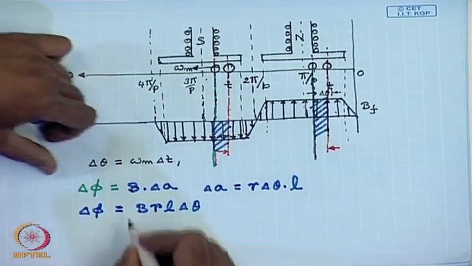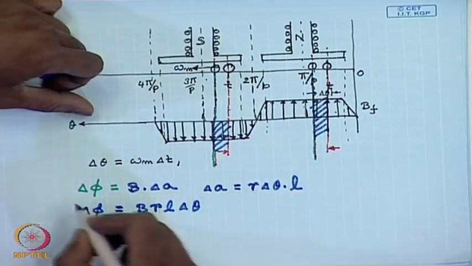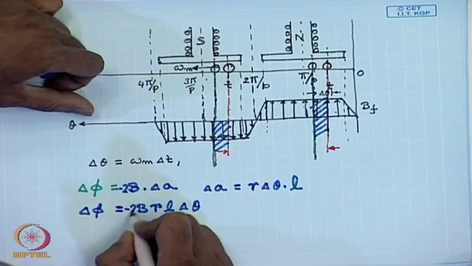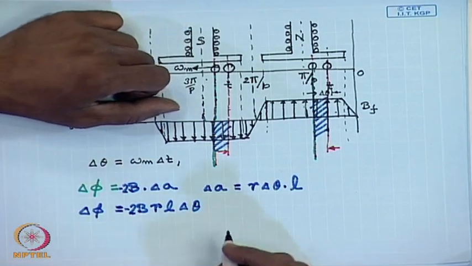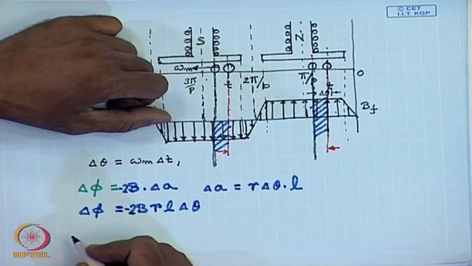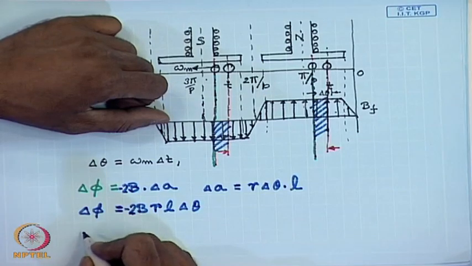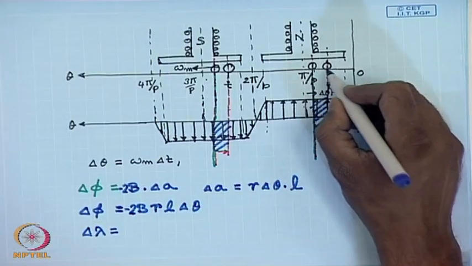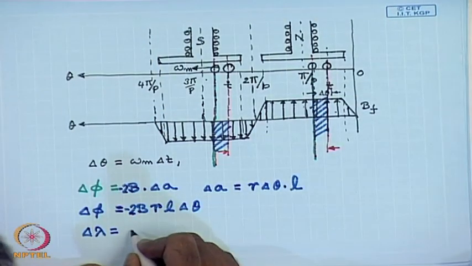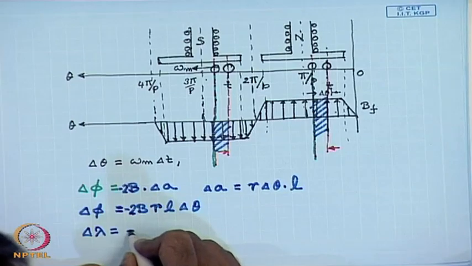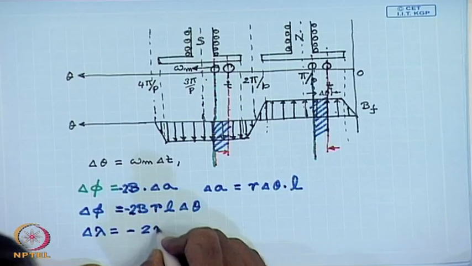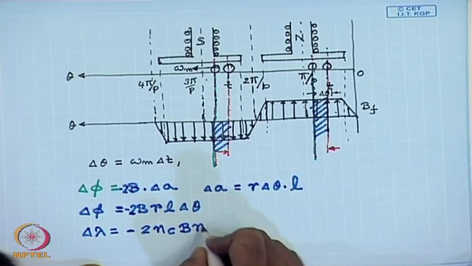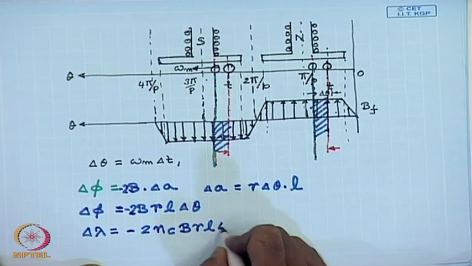And 2 times this, and that is in the negative direction. So, this is minus 2 times B r L delta theta, and the change in flux linkage delta lambda equal to number of turns in this coil, let us denote it by N c, so delta lambda equal to minus 2 N c B r L delta theta.